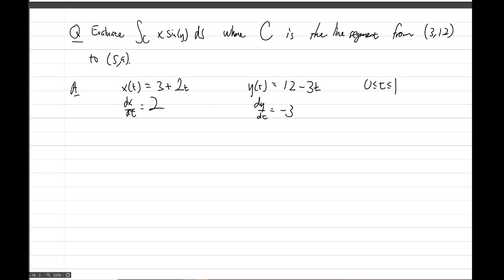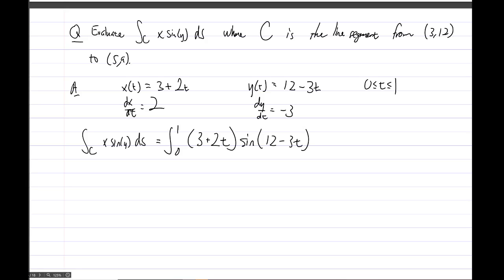So, setting up our integral over the curve C of the function x times sine of y ds is going to be the integral from 0 to 1. Those are the t bounds. We need to then write x times sine of y. However, we have to replace the x, and we have to replace the y as well. So we're going to have 3 plus 2t, makes sense to have that in parentheses, times sine of 12 minus 3t.